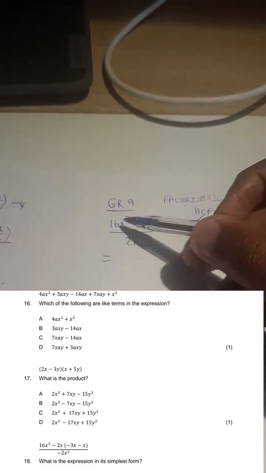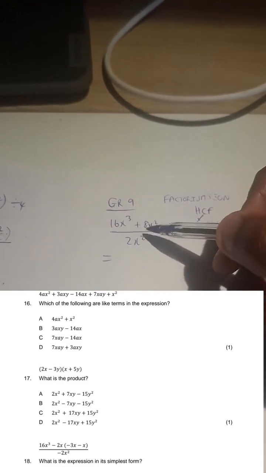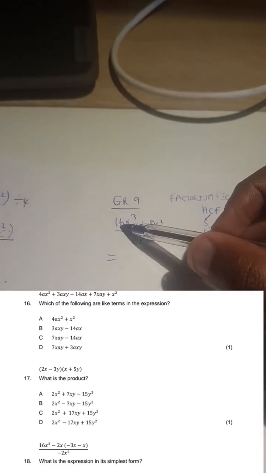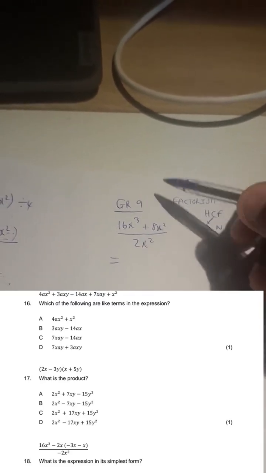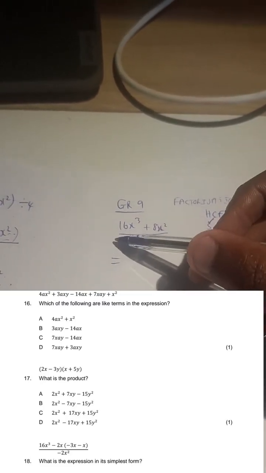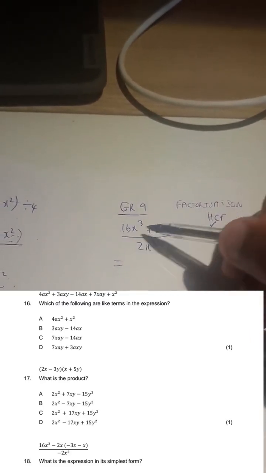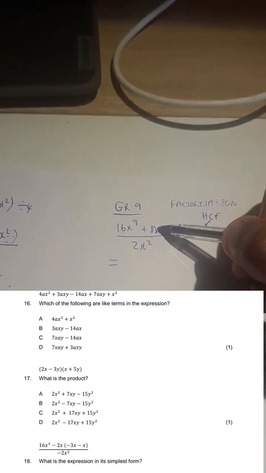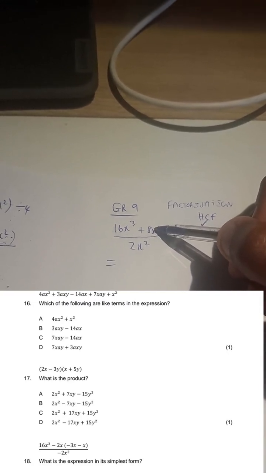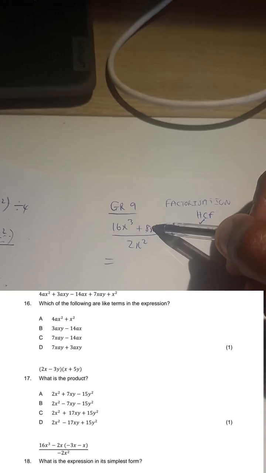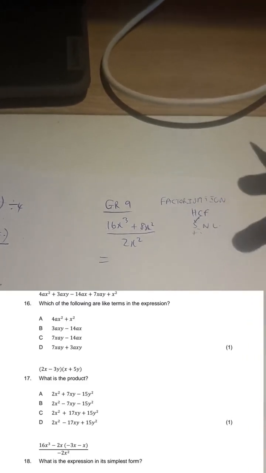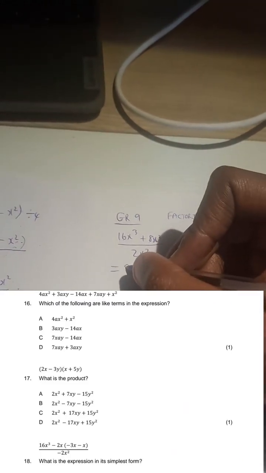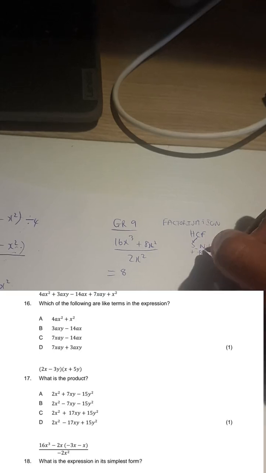What is the highest common factor between 16 and 8? In other words, what number can I take out, the highest number that is a factor of both 16 and 8? Is it 2? Is it 4? Is it 8? Is it 16? Hopefully we all know that the highest common factor number is 8.